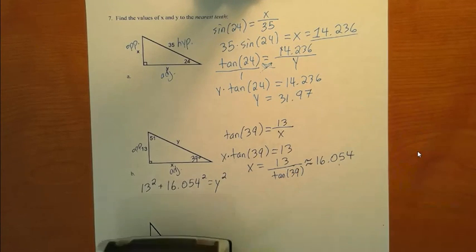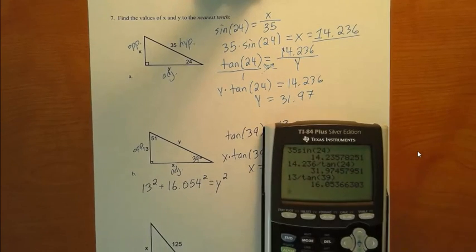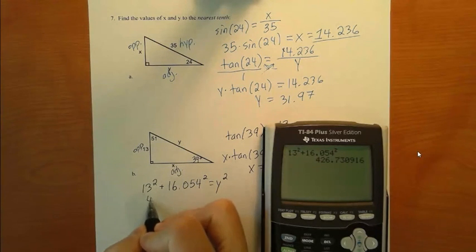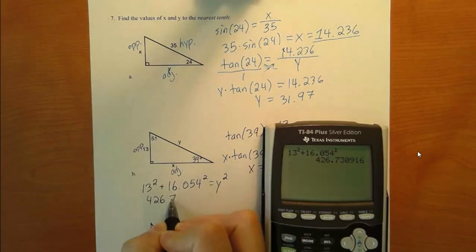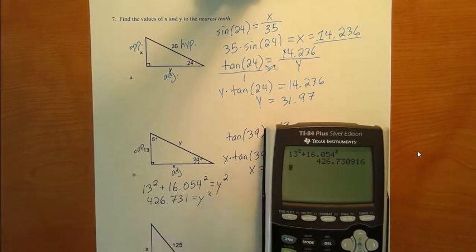So we can now add up the numbers on the left side of that equation. 13 squared plus 16.054 squared equals 426.731, which equals y squared.